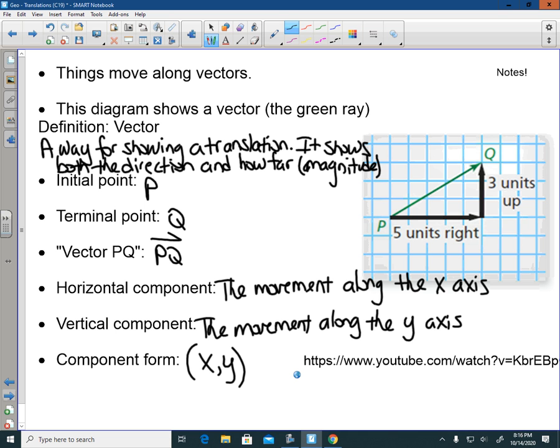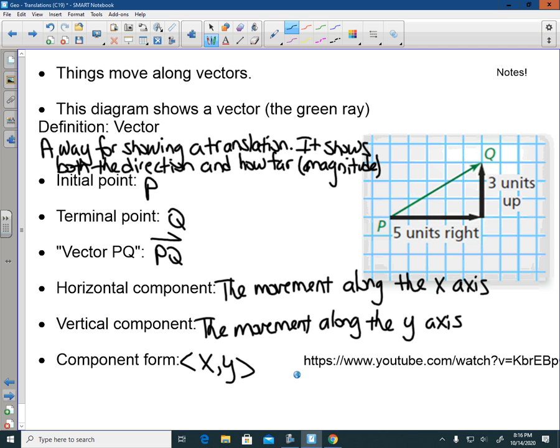Usually that's what we see when we see x's and y's together. But this is not a point, it's actually a vector. So we're not going to use parentheses here. Math is very specific, and we use different symbols to describe different things. Component form of a vector actually has those guys right there.